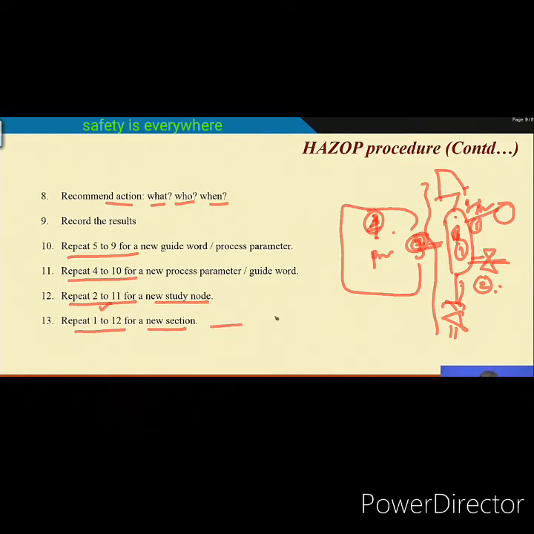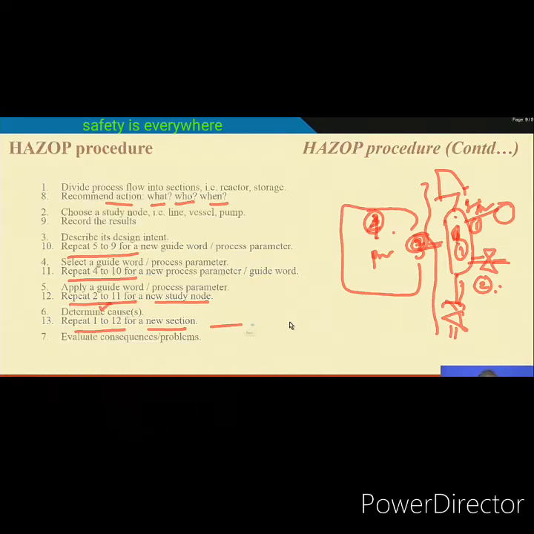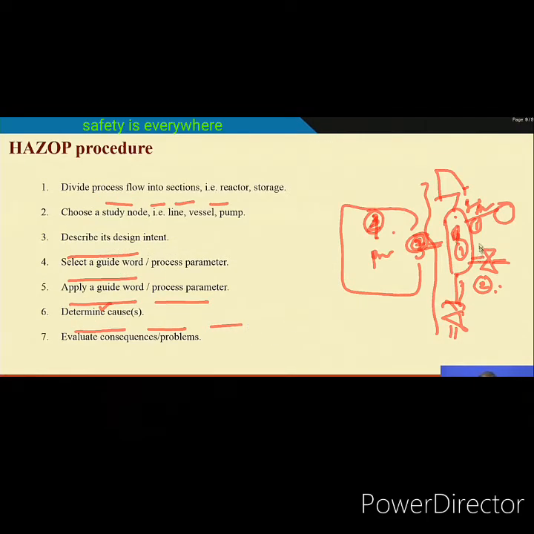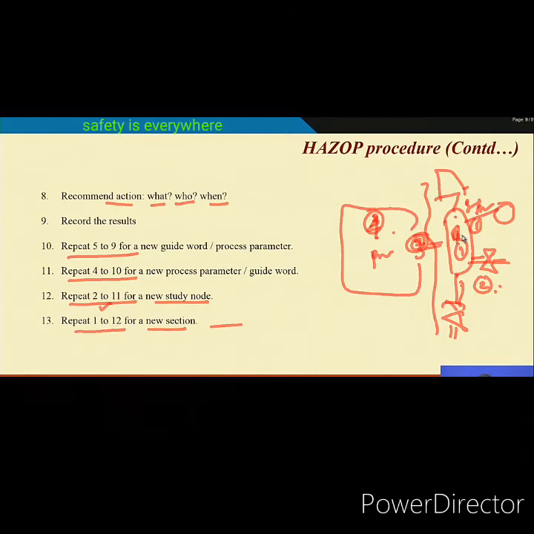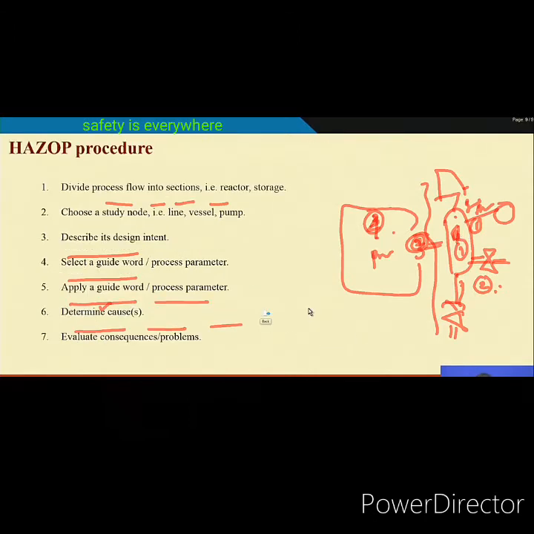For every node, suppose node number 1 is my pressure tank. What is the design intent? Basically the pressure of the gas which will be held here. Then select the guide word on pressure, and the guide word may be high, low, like this.